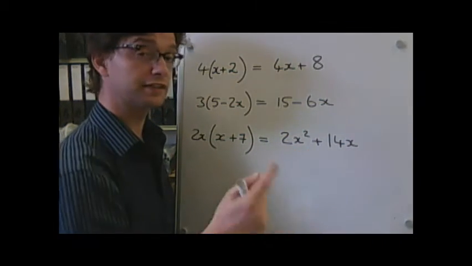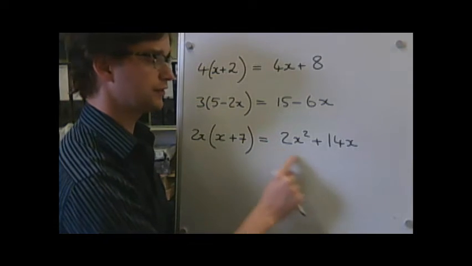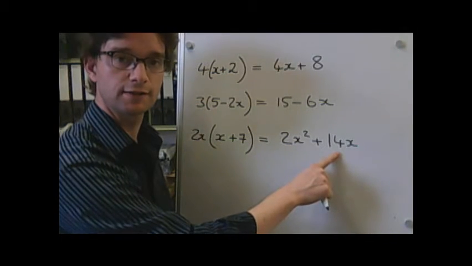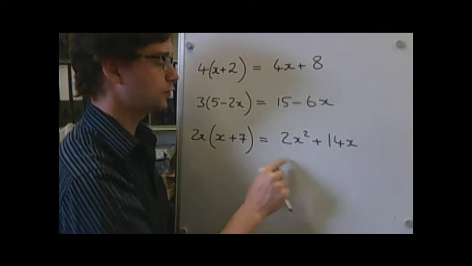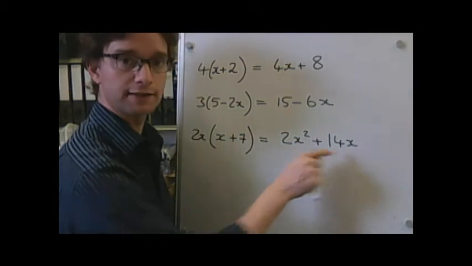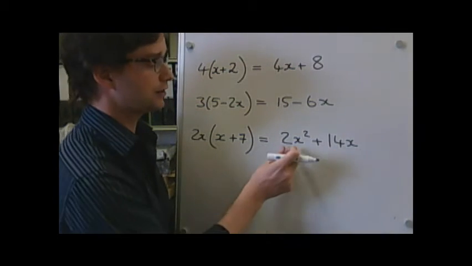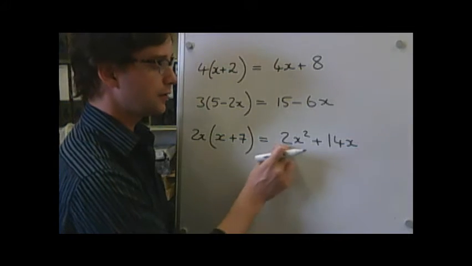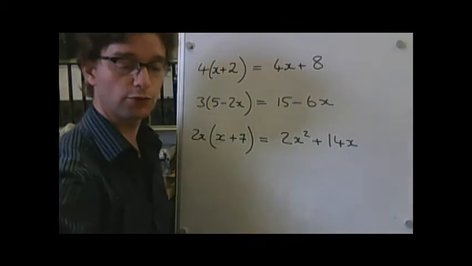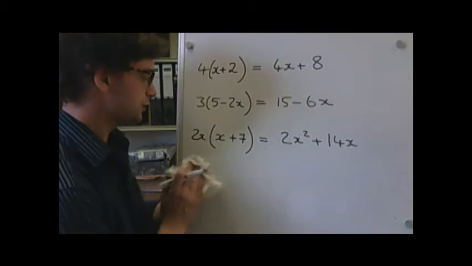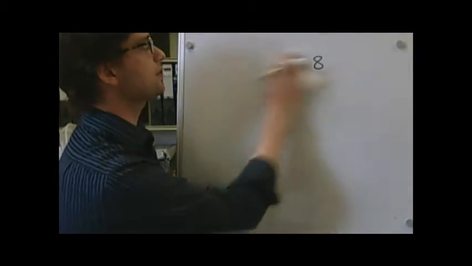Looking at this one, you might start by seeing that 2 goes into this and 2 goes into this. If you're really quick, you'll spot that 2x goes into this and 2x goes into this. So the game is trying to spot things that go into both bits that you're trying to rewrite. So we'll do some examples now going the other way and see how that might work.